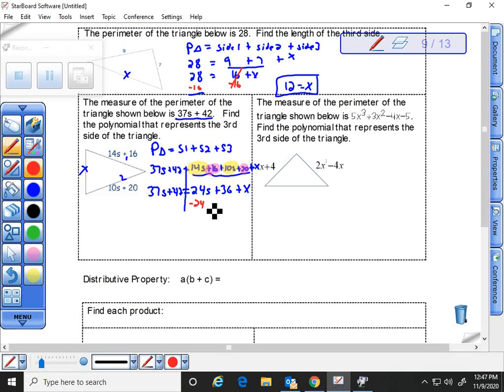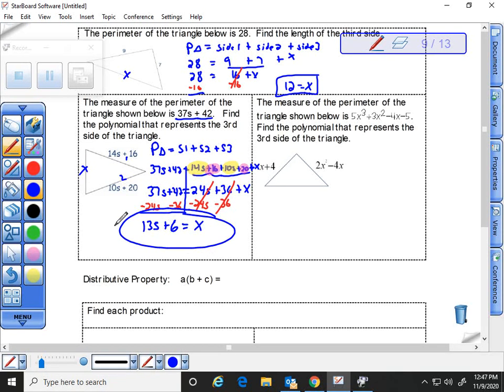Subtract 24s to both sides. I would also subtract 36 to both sides at the same time. I think you're about ready for that. So we get 13s plus 6 equals the unknown side.